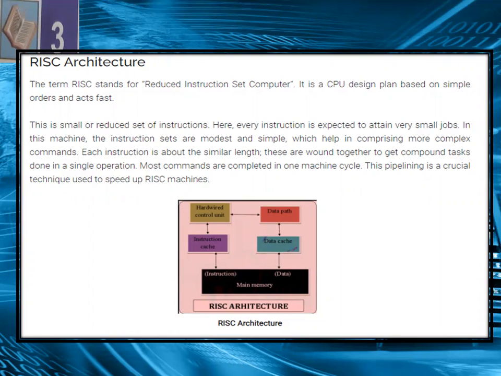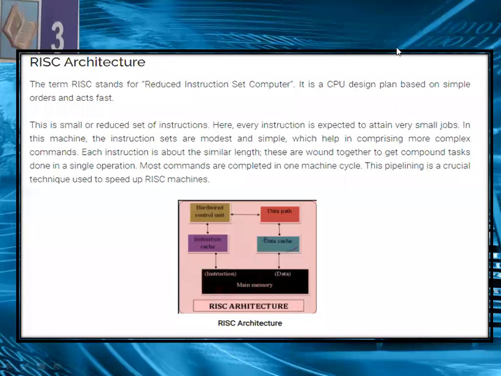The instruction sets are modest and simple, which helps in comparison to more complex commands. Each instruction is about the same length. These are wound together to get compound tasks done in a single operation. Most commands are completed in one machine cycle. Pipelining is a crucial technique used to speed up RISC machines.